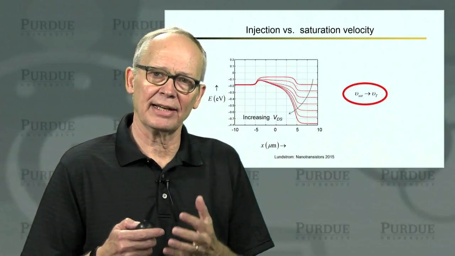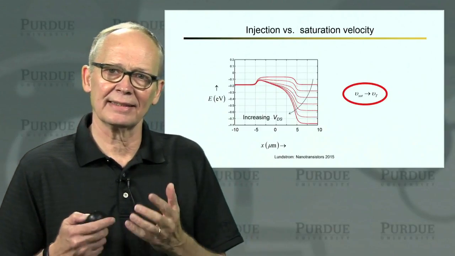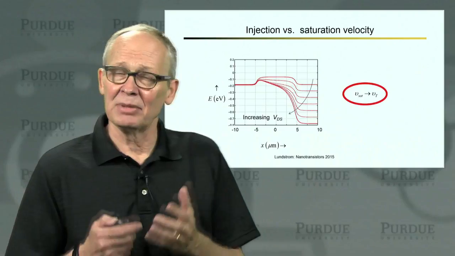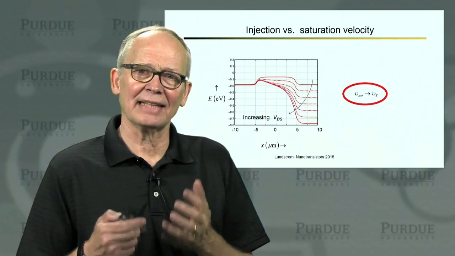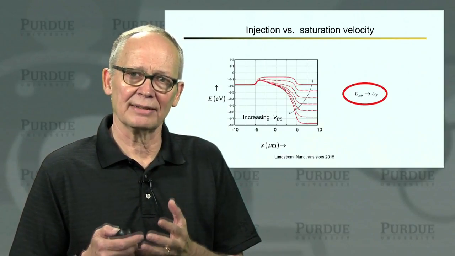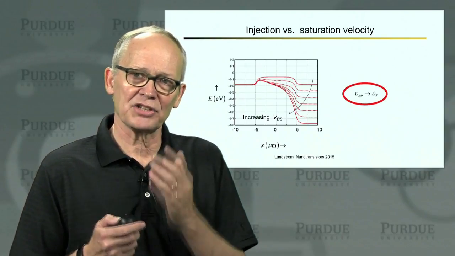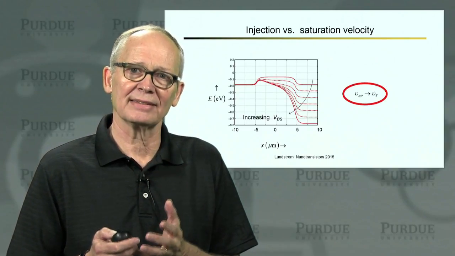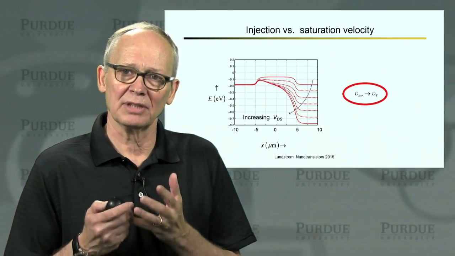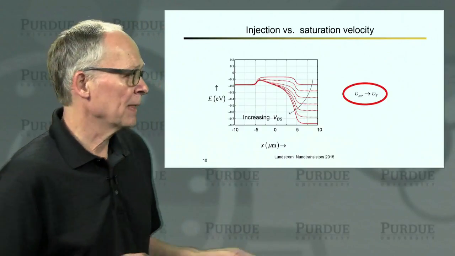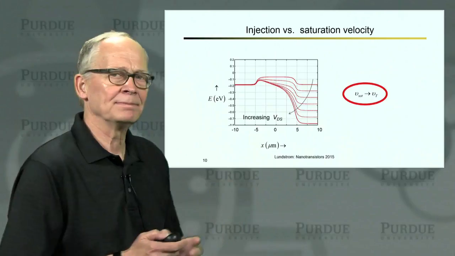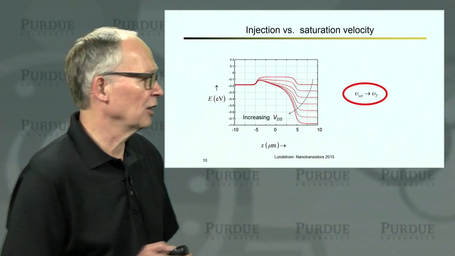The physical picture in the traditional model is the high electric field in this regime causes lots of carrier scattering and causes the velocity to saturate. But we know that that's not physically sound in a very short channel length device, because the carriers are across the channel and out before they have a chance to scatter often enough to limit their velocity. So that's not a physically sensible thing to do for a nanoscale MOSFET.